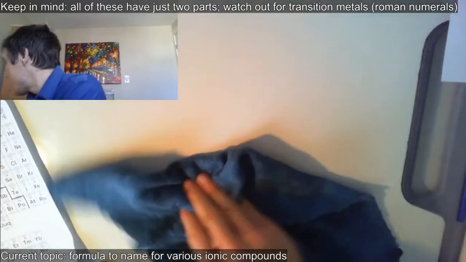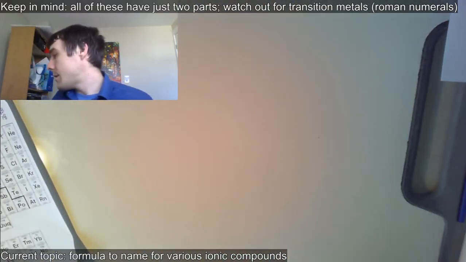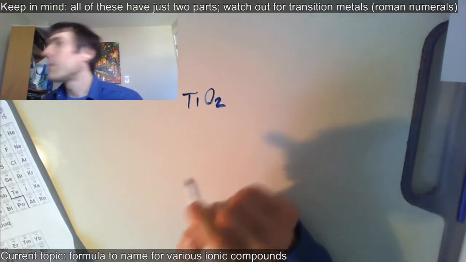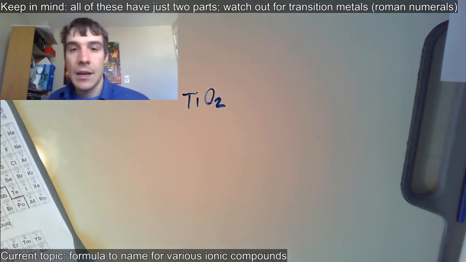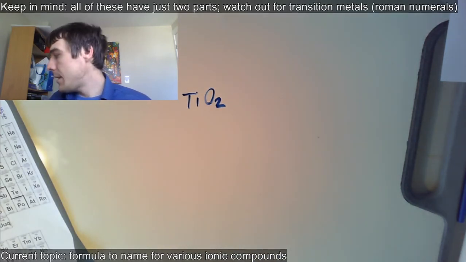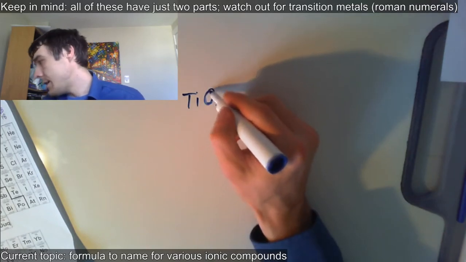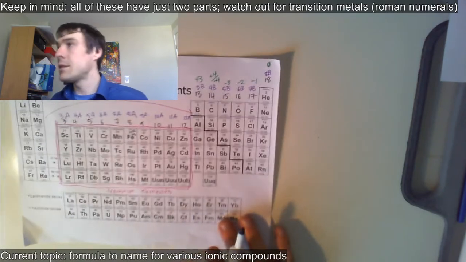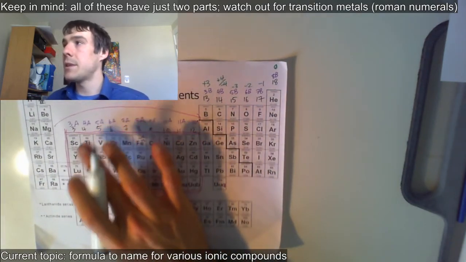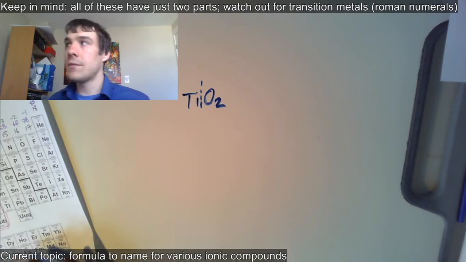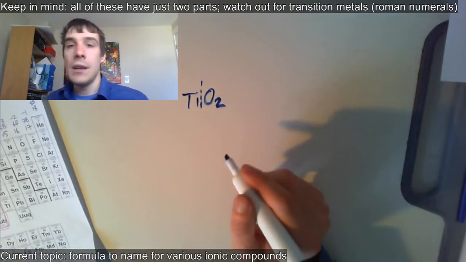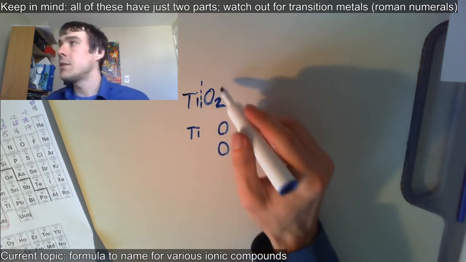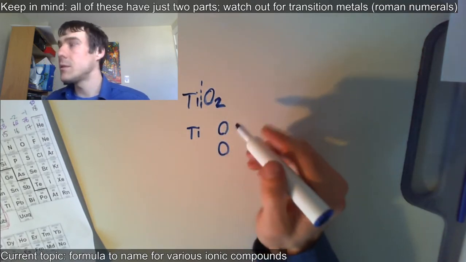Okay, let's get into some slightly harder ones. Let's do TiO2. This is a transition metal. Obviously, we're going to split it there, but it's a transition metal because it's here in the transition metal block. There's titanium. So we've got to watch out for what charge this is going to have. To figure out what charge it's going to have, we can do our little diagram. There's a titanium, there's two oxygens, because of the 2.